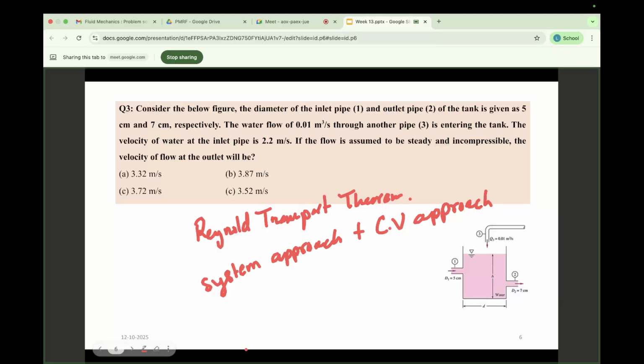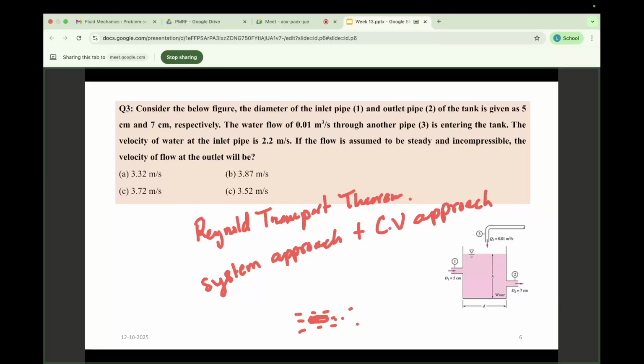The system approach follows a set of fluid particles, whereas the control volume analyzes the fluid flow through a defined region in space. Say this is a river, and a water bottle is flowing in the river.